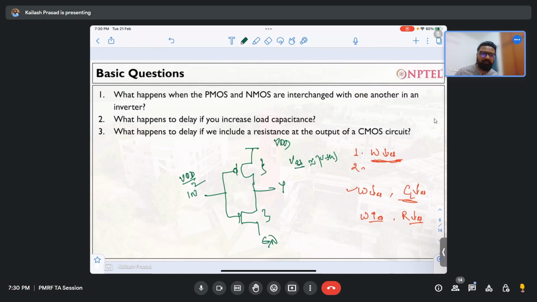Anyone? Rail to rail. Okay. Rail to rail means VDD to ground.